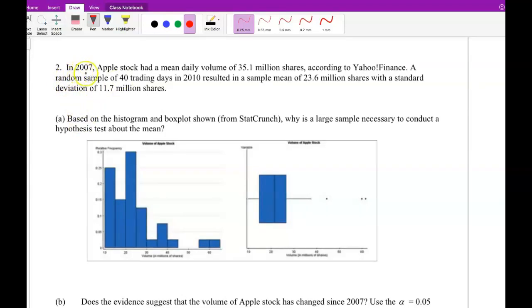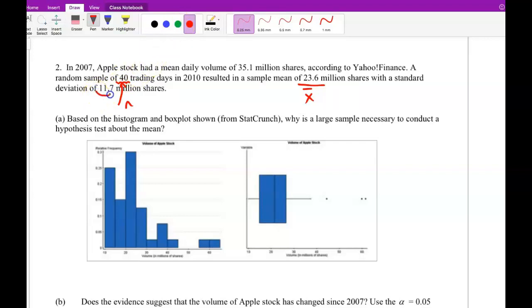Now number 2. In 2007, Apple stock had a mean daily volume of 35.1 million shares, according to Yahoo Finance. A random sample of 40 trading days in 2010, so this is n, resulted in a sample mean of 23.6 with a standard deviation of 11.7 million shares.